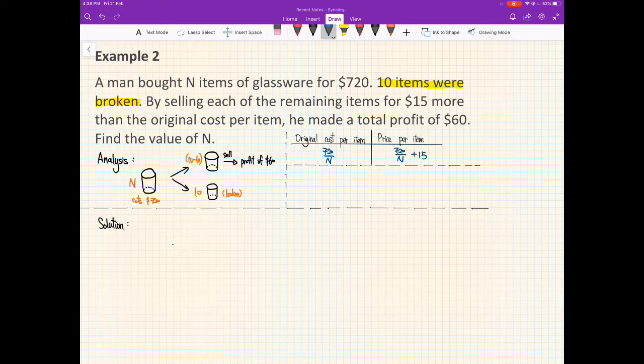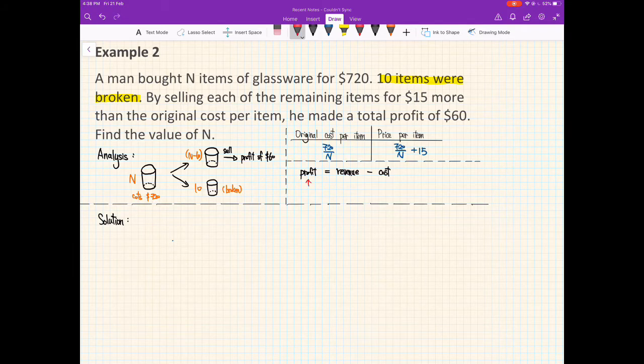Then he made a total profit of $60. Profit equals revenue minus cost. We know profit is 60, right?